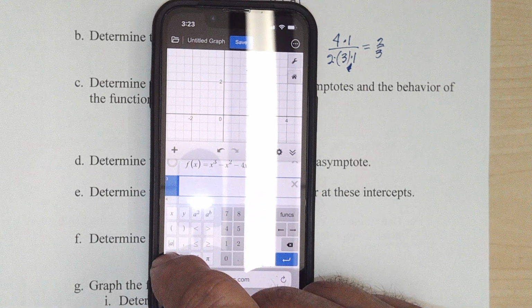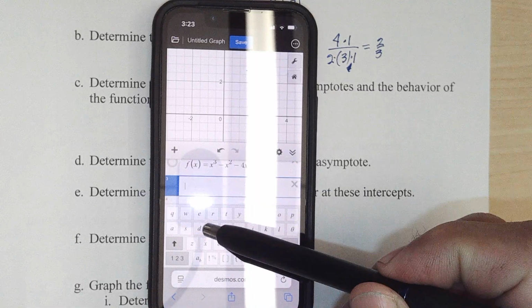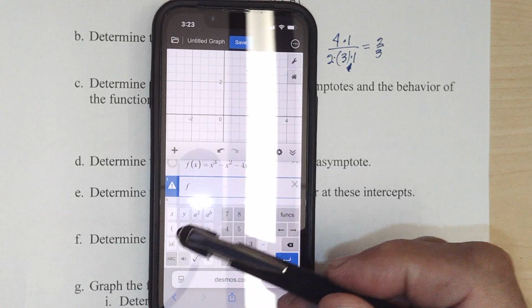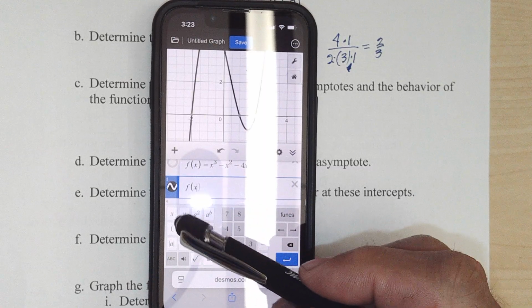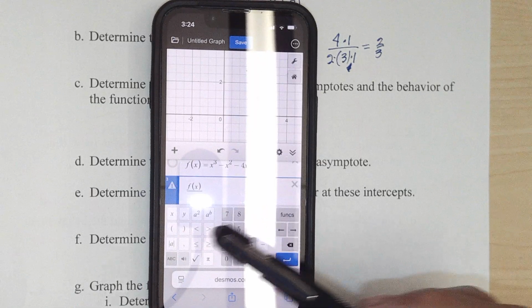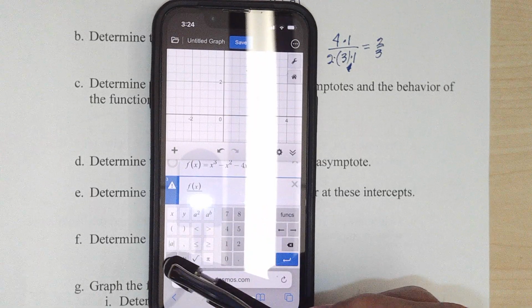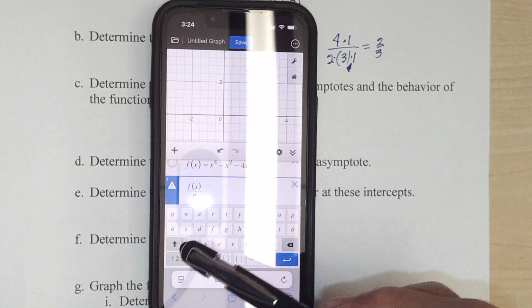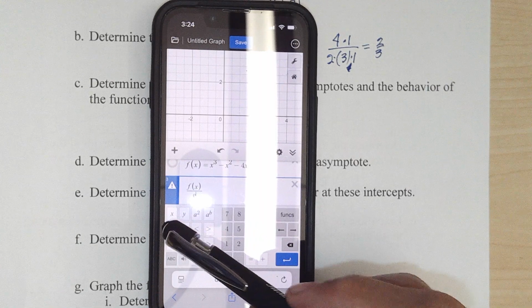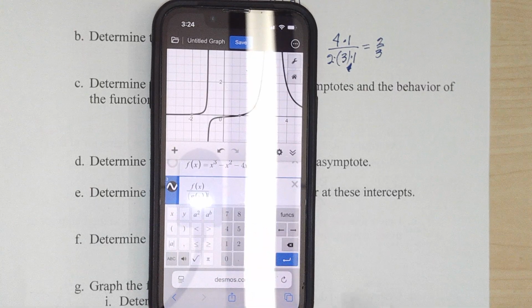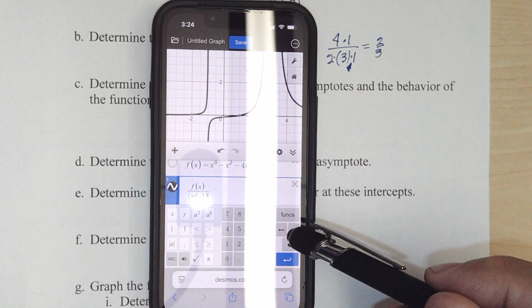I'm going to type in f of x divided by g of x. I got too many parentheses there.